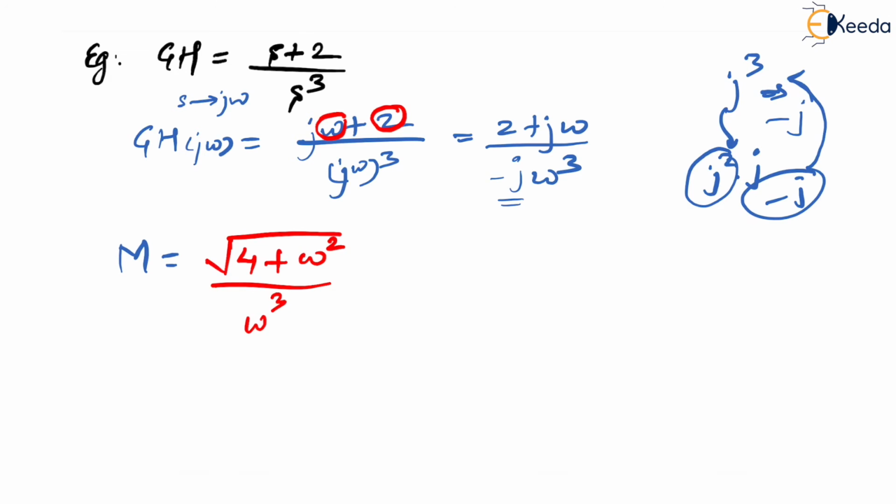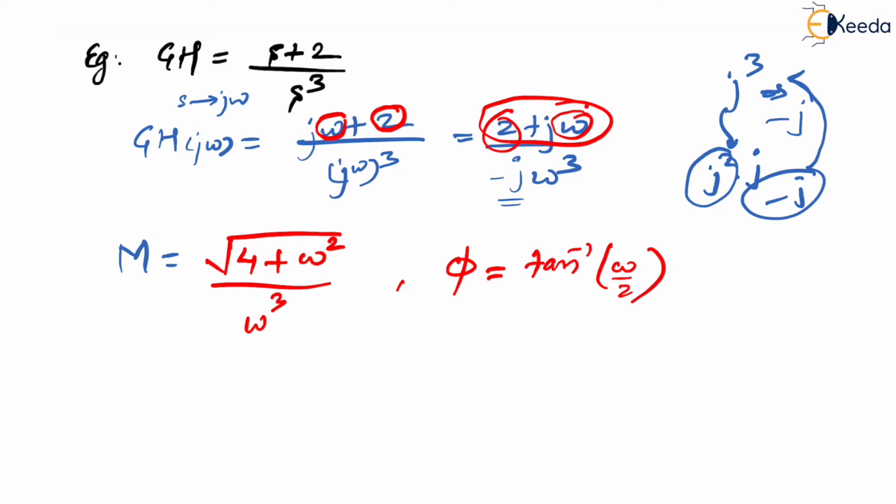Now if you think of angle, what is phase phi going to be? If you think of the numerator only, then you get tan inverse of imaginary part upon real part. What is the imaginary part? Imaginary part is omega, so it becomes tan inverse of omega by 2, right?